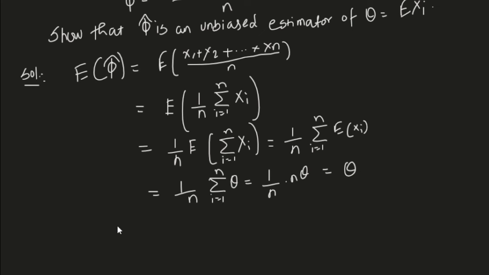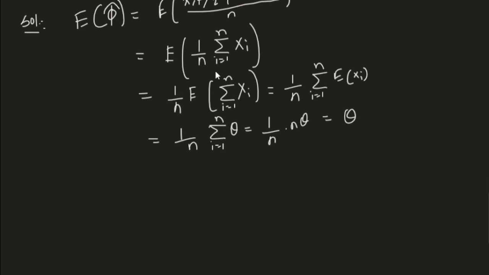Therefore we see that e of phi cap is basically equal to theta, which means phi cap is an unbiased estimator of theta, and that is why it is unbiased, and our problem is solved.